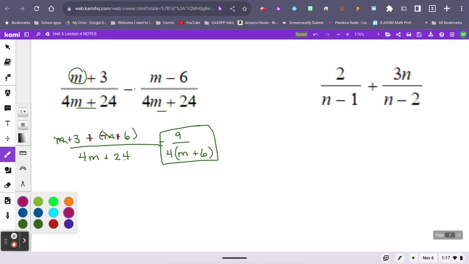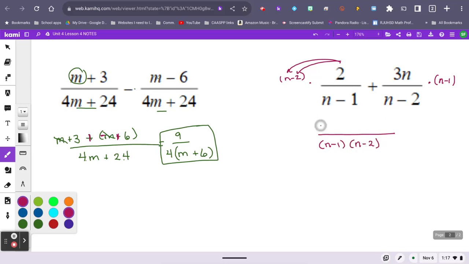Next one is definitely not the same denominator. So we're going to multiply this side by n minus 1 and the left by n minus 2. And I'm going to multiply both of those. Just going to go ahead and write n minus 1 and n minus 2.